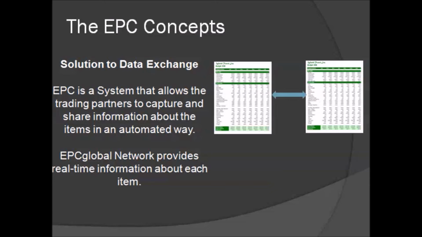Then based on the EPC Global Network, all the information can be exchanged between the partners' EPC information server. So all the information can be automatically or manually exchanged. Also, we can look for the specific information when you have the single or specific trade item EPC number.